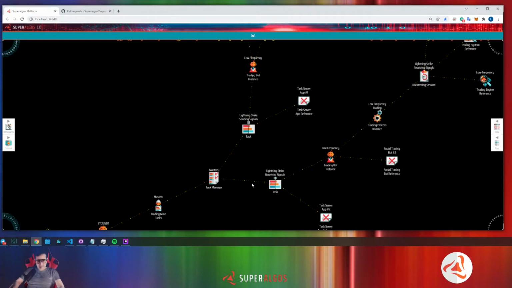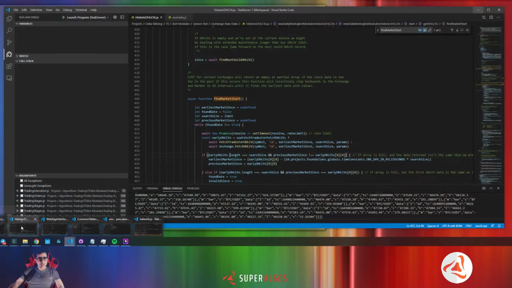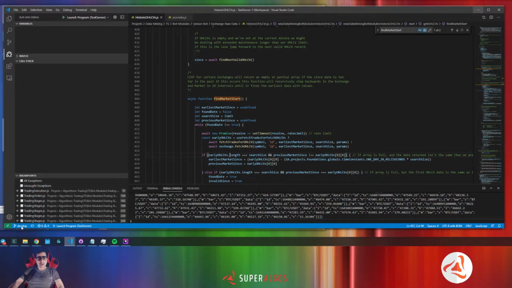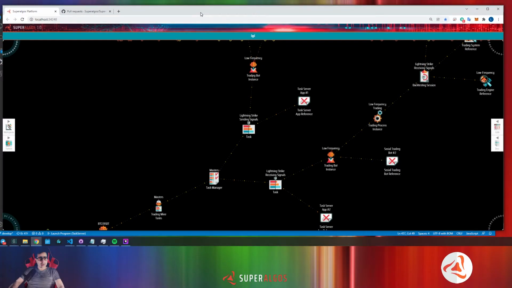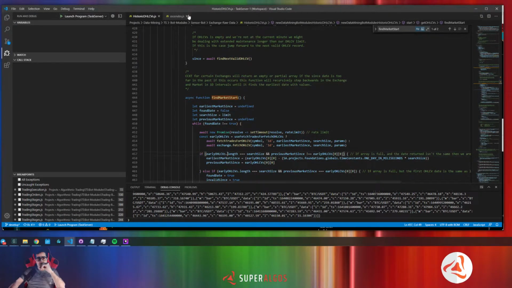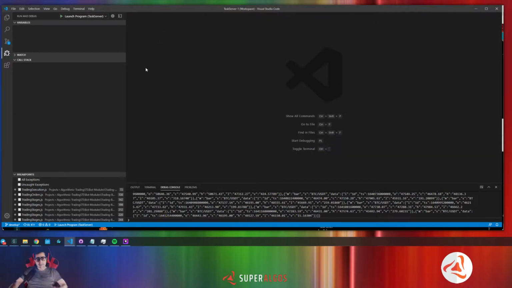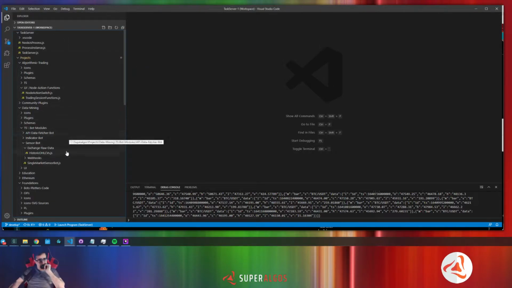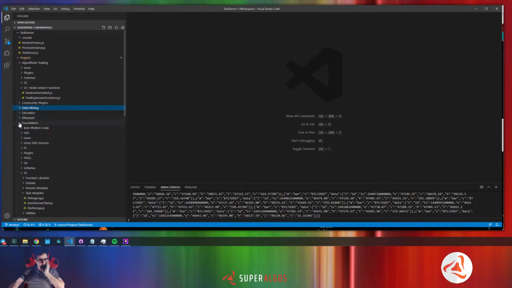So what I will do is use one of these guys to run this in debug mode, like a trading task. And I'm going to debug the task to see what is going on.